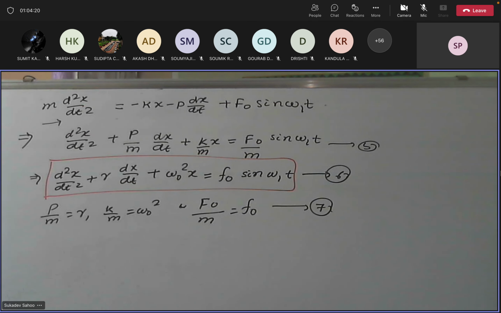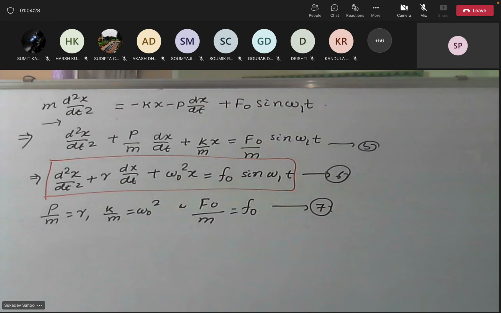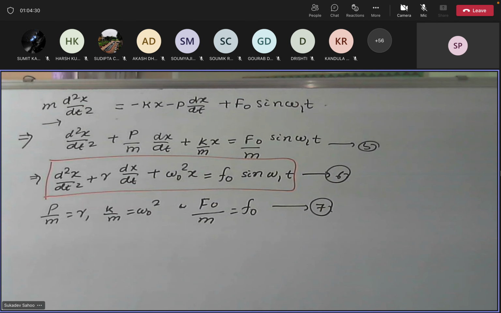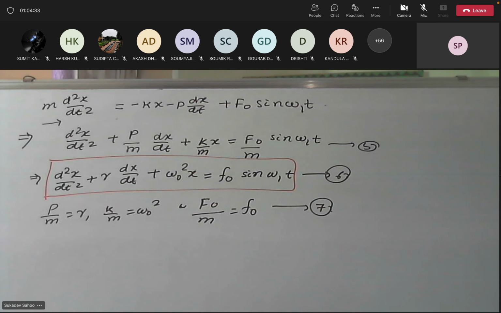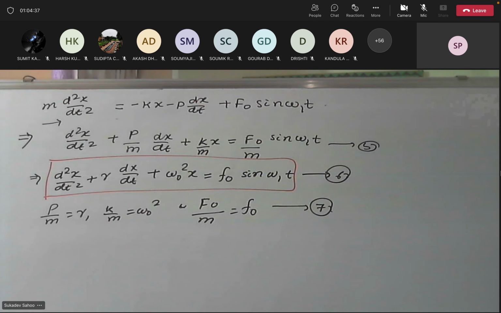It is an inhomogeneous second order linear differential equation.